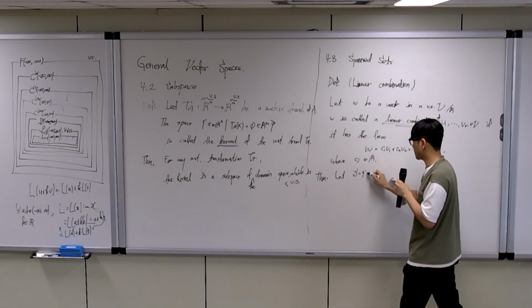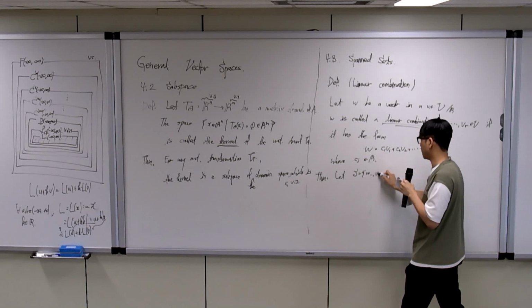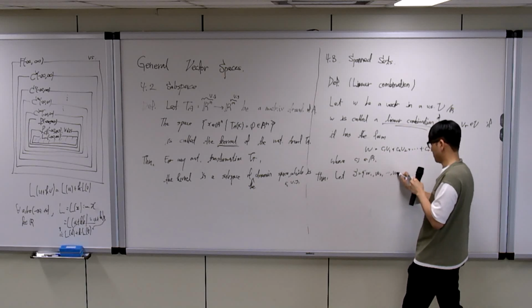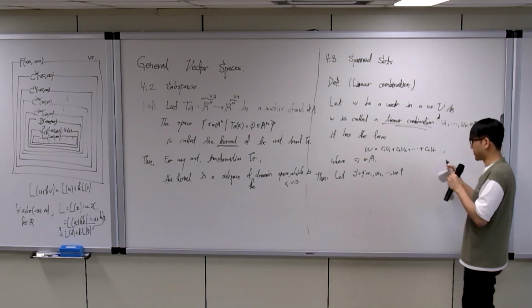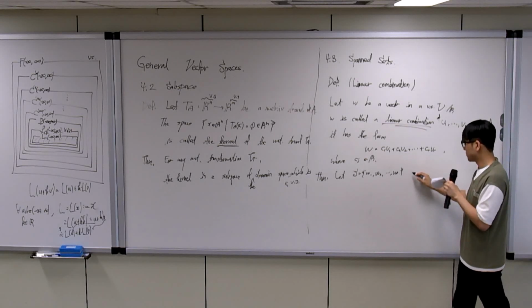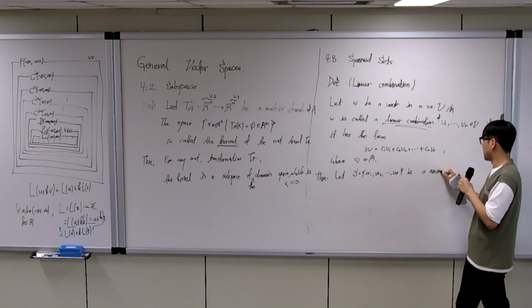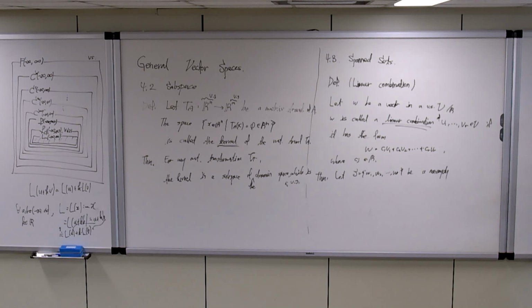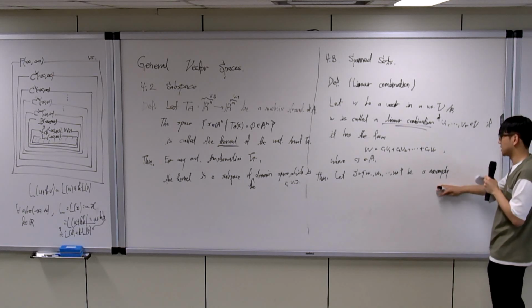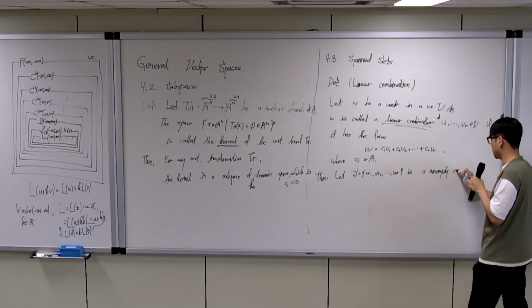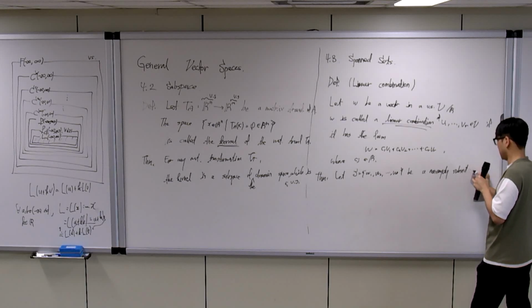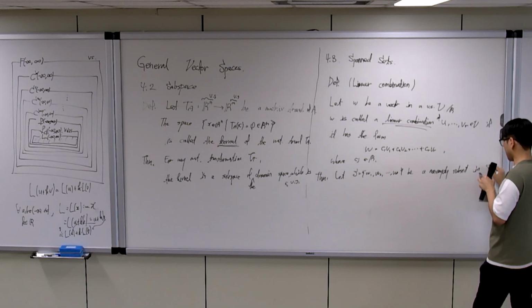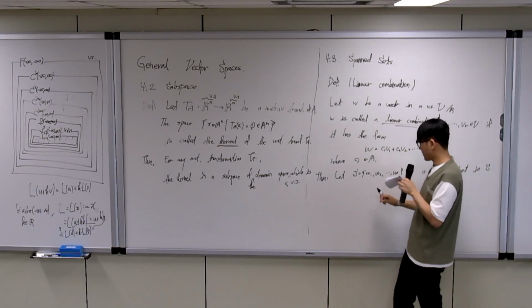If S is a subset of vector space V, I said the zero space is not of interest, so I will say it is a non-empty subset.